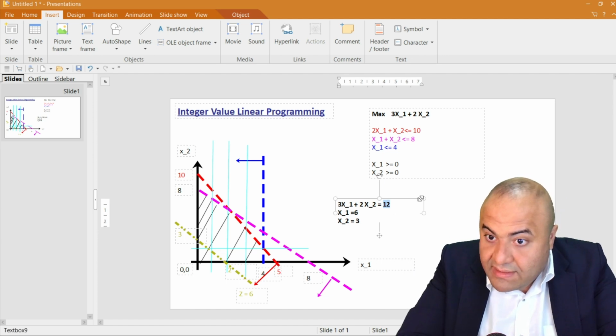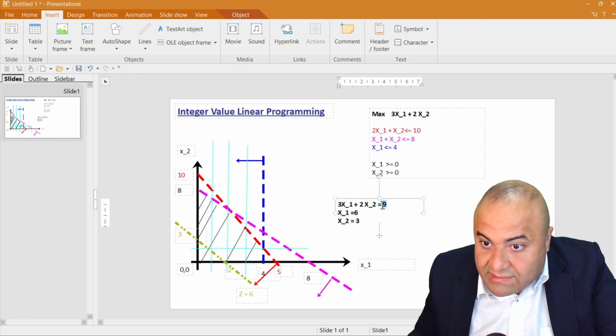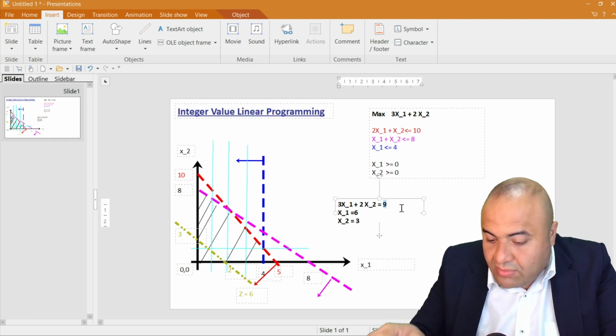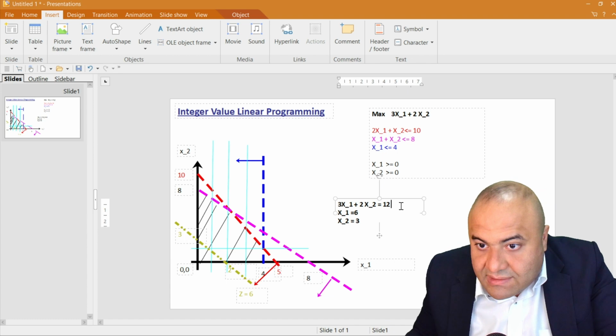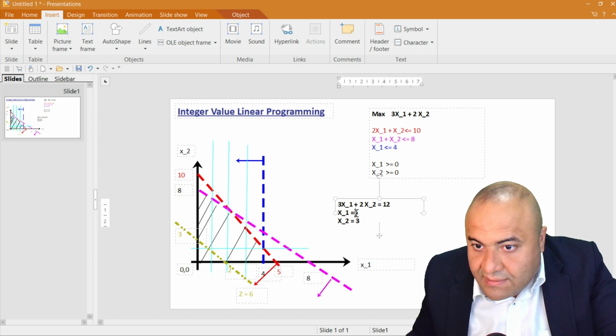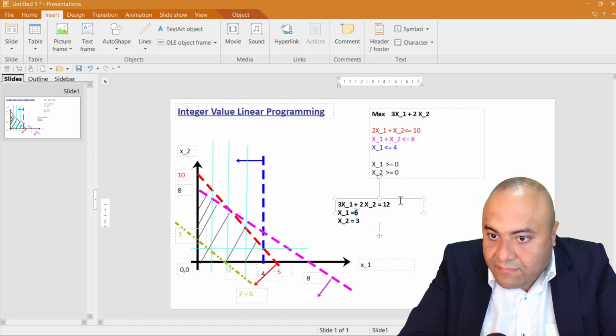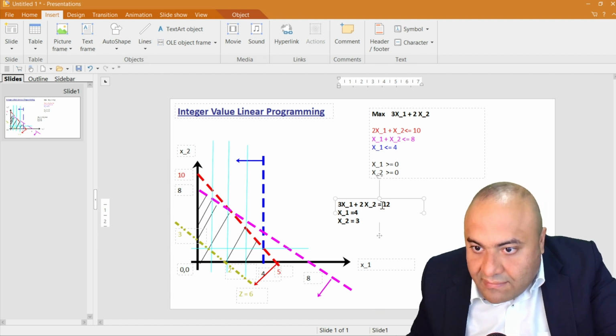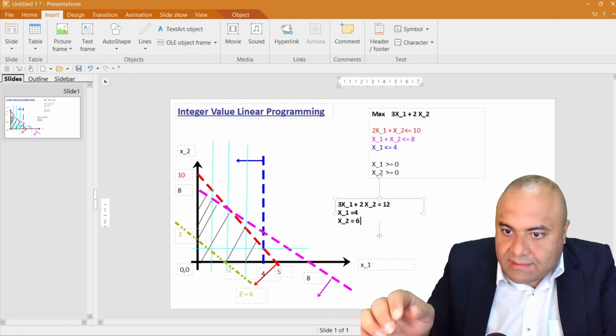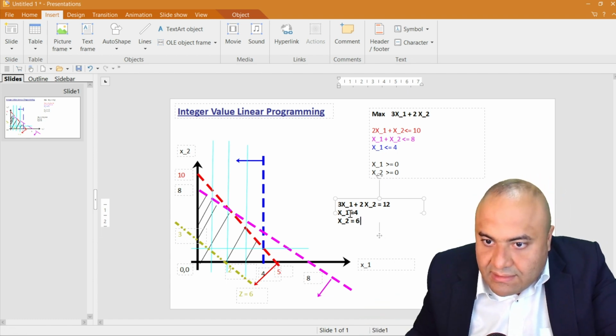We said 9, but 9 is also off limit. Okay, let's put 12. 12 is a good number. Let's say x1 will be 12 over 3, it will be 4, and x2, it will be 6. So this is the number.